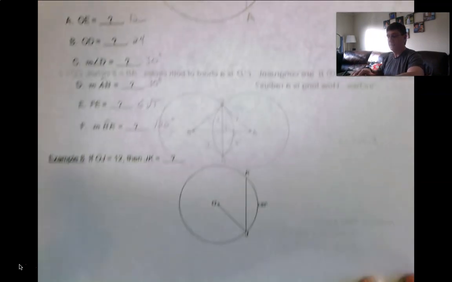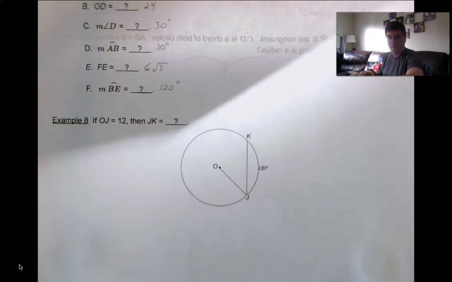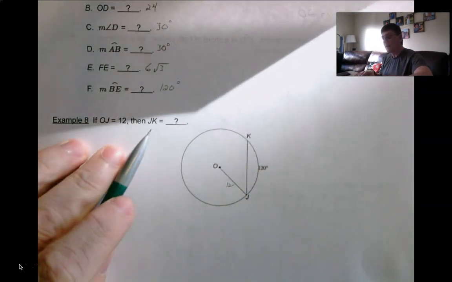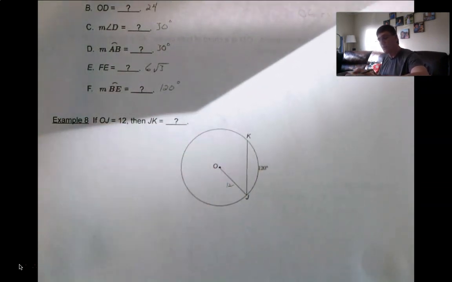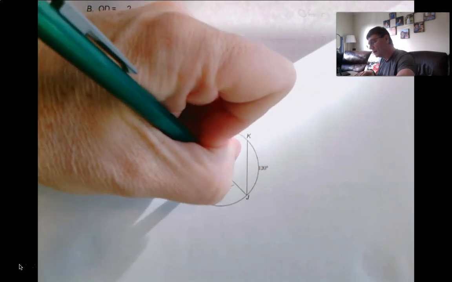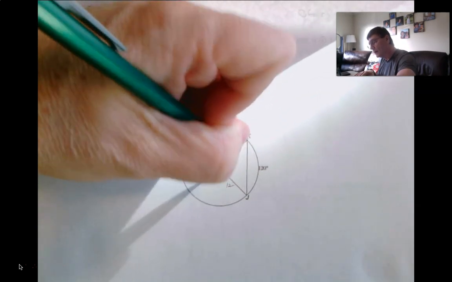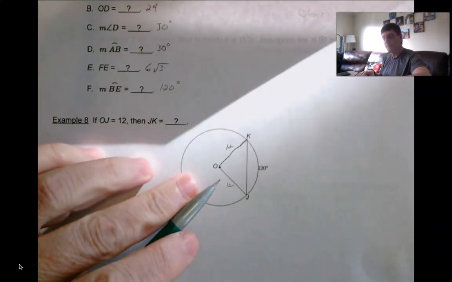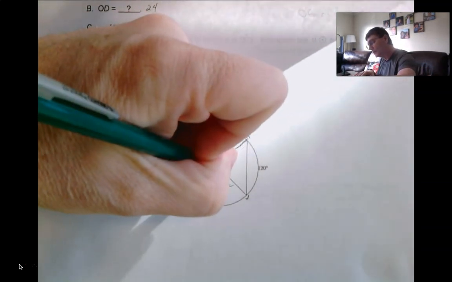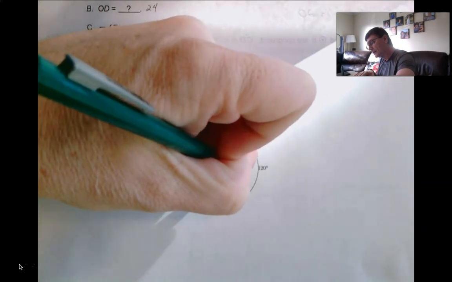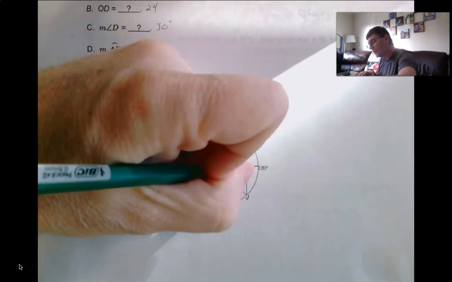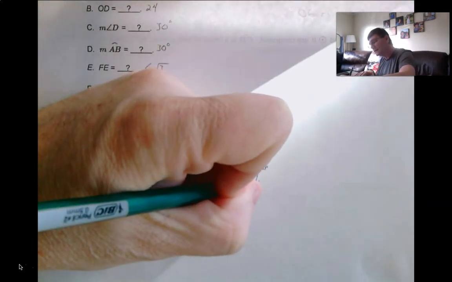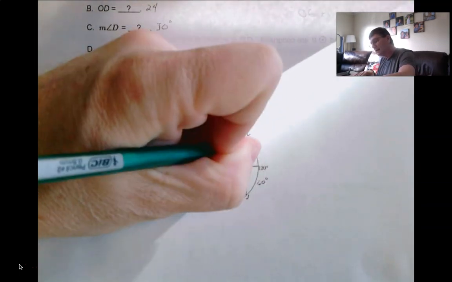Example 8. If OJ is 12, find the length of JK. Well, let's take a look at OK. OK also has to be 12. 2 radii. Let's draw in the perpendicular bisector. Perpendicular bisector makes this 60, 60.